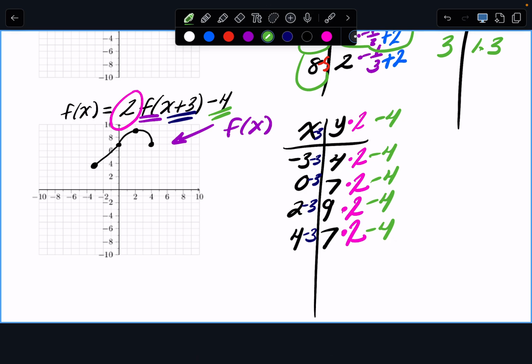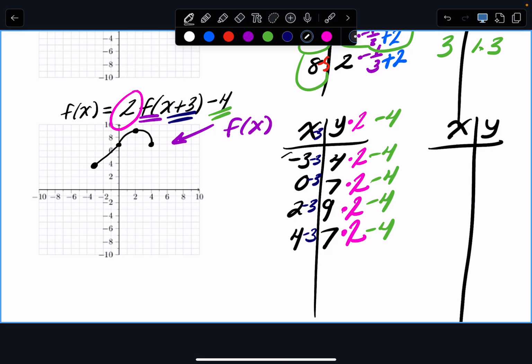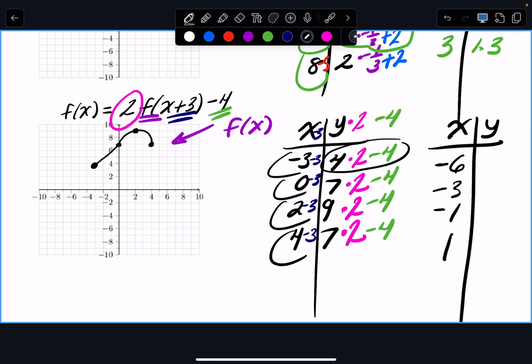I'll have to remember that because it is hard when you have the points written to draw it the correct way sometimes because there's some curved edges there. So that our new x values are -6, I believe, -3, -1, and then 1. 8 minus 4 is 4.